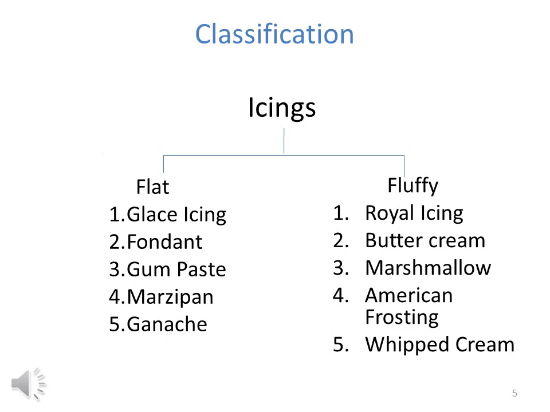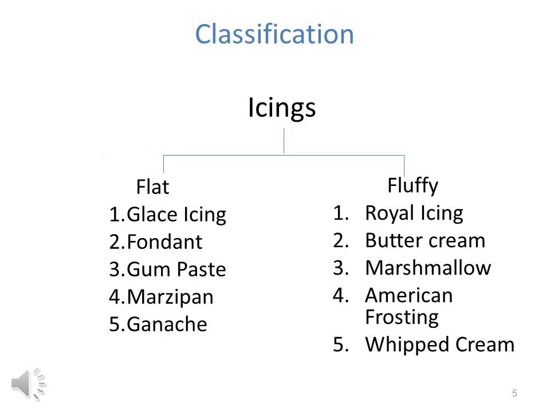Icings are classified into two types. The first one is flat icing and the second one is fluffy icing. The main difference between these two types is that in fluffy icings air is incorporated, and in flat icing there is no air incorporated.